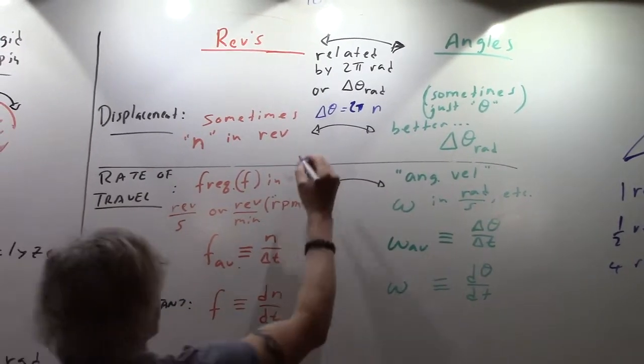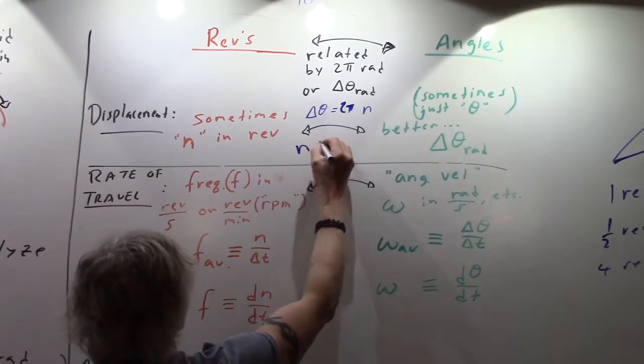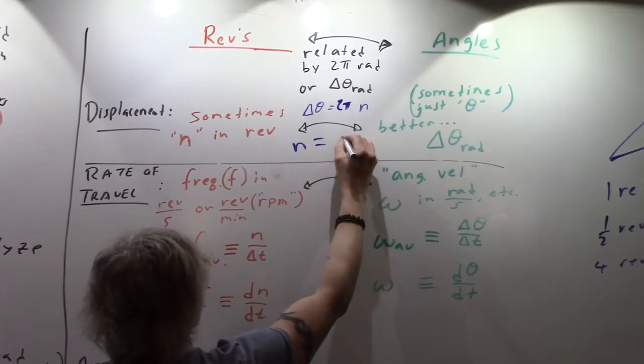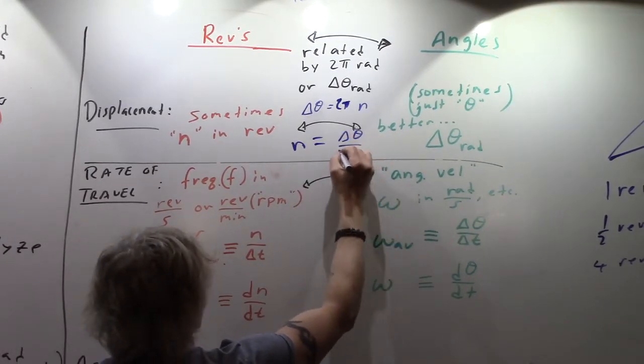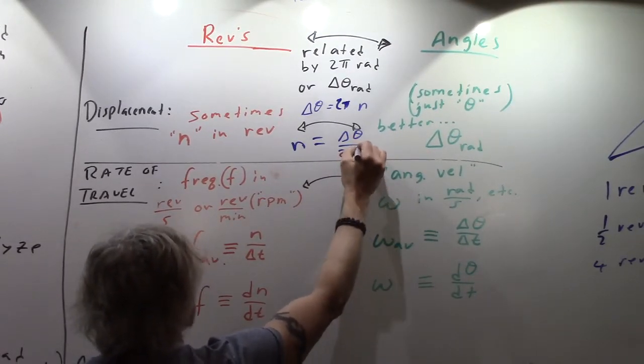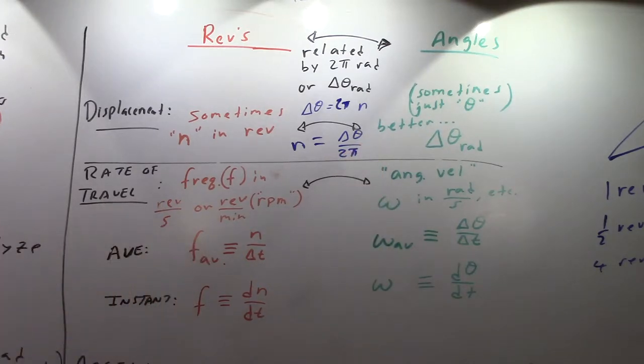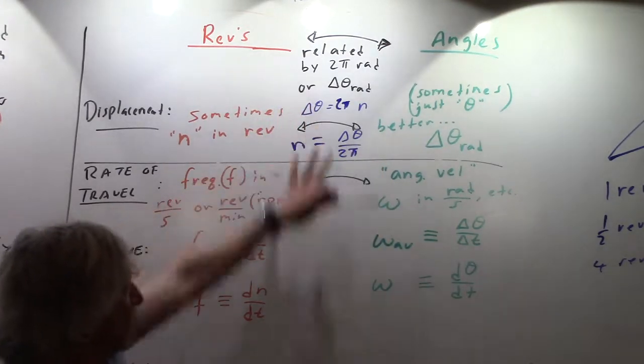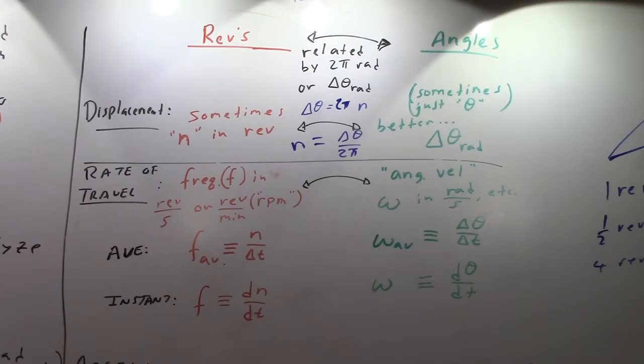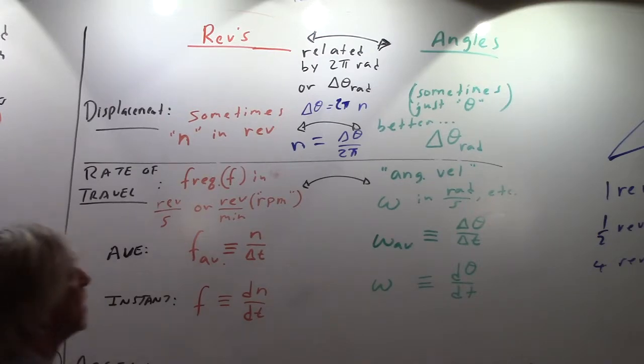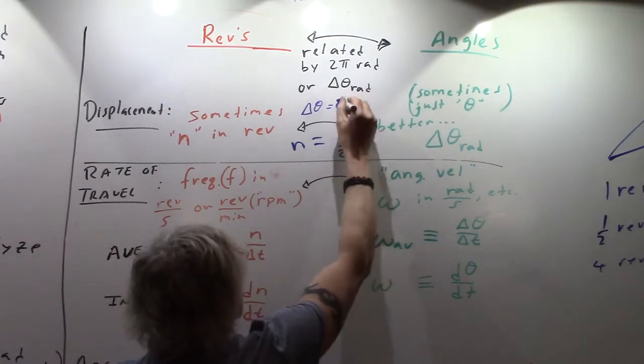And if you want to go back and forth, if you want the number of revolutions and you have delta theta, of course, you divide by 2 pi. So that shouldn't be memorized, it should be understood very clearly. And if you can do that here, you can do that for all of these. So, any questions about that?